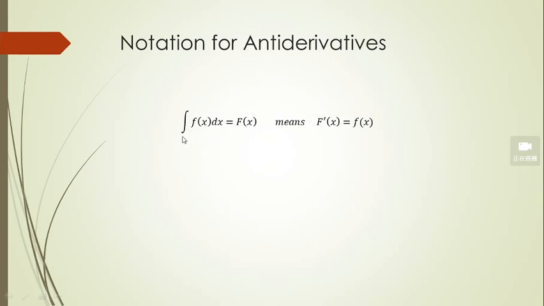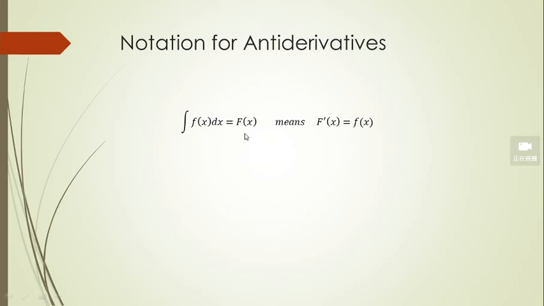So here, this indefinite integral represents the antiderivative, the general antiderivative. That means the derivative of big F gives the small f. So what does this indefinite integral notation mean? That means the general antiderivative.